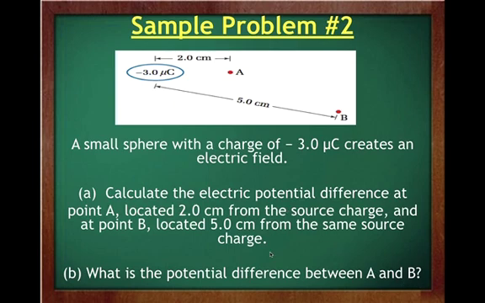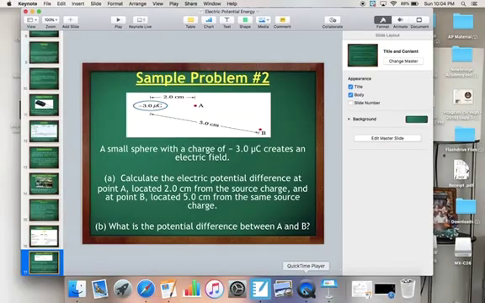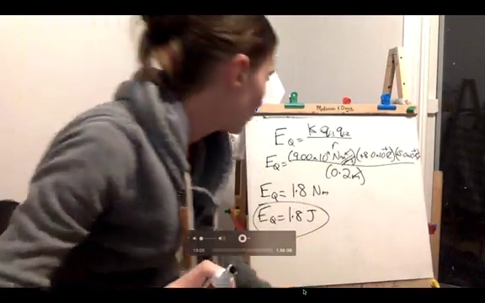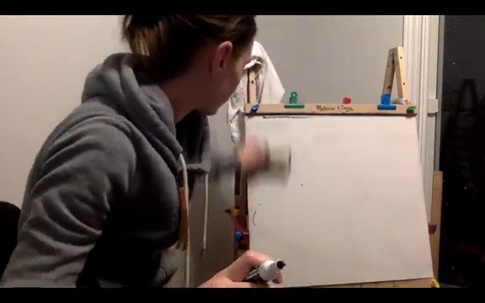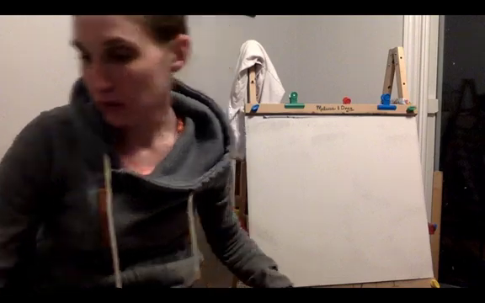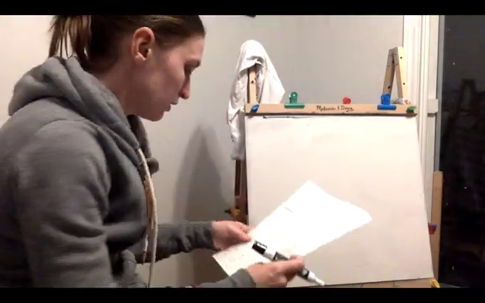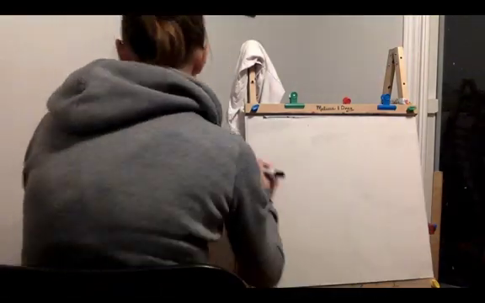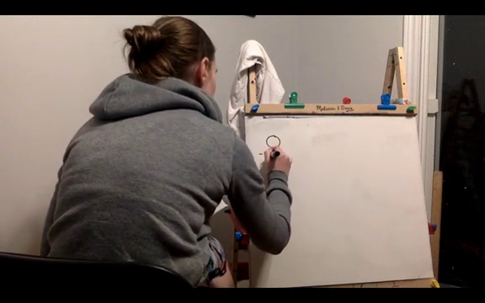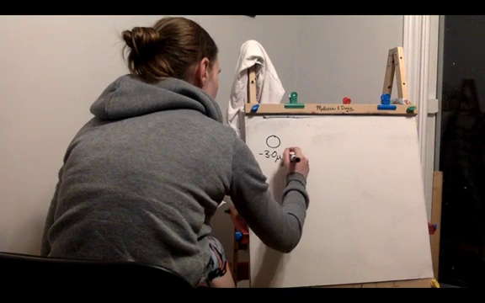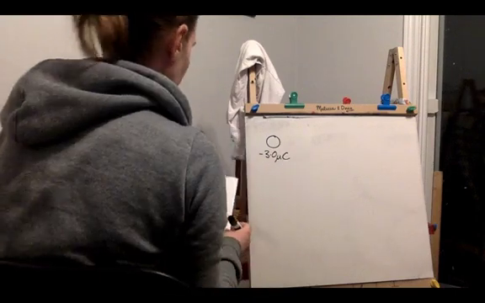Okay, so let's do that again on the board. So again, here is our small sphere. It has that charge of negative 3 microcoulombs.